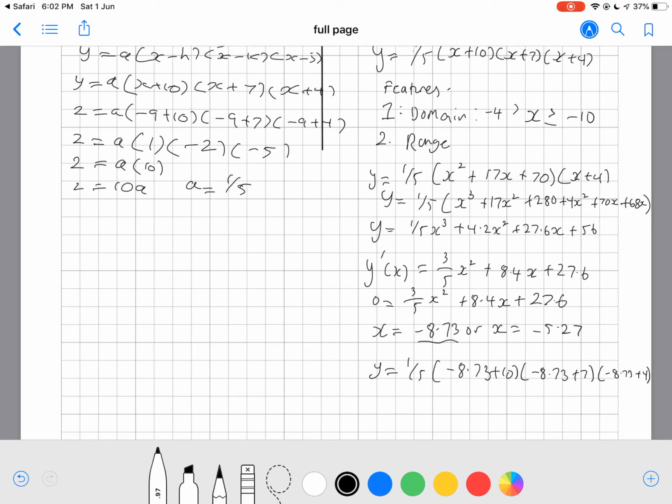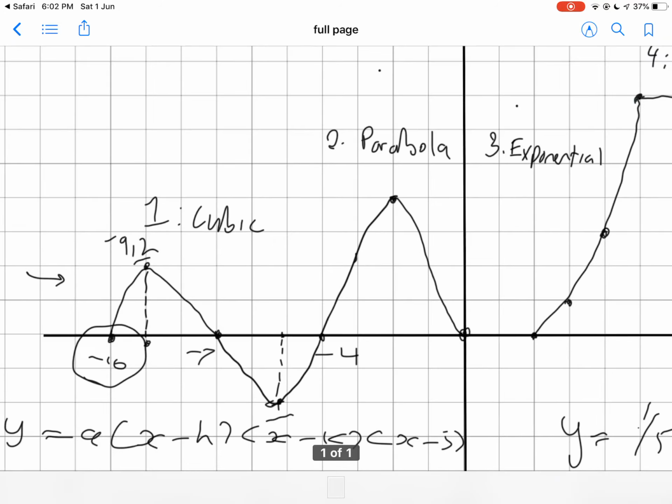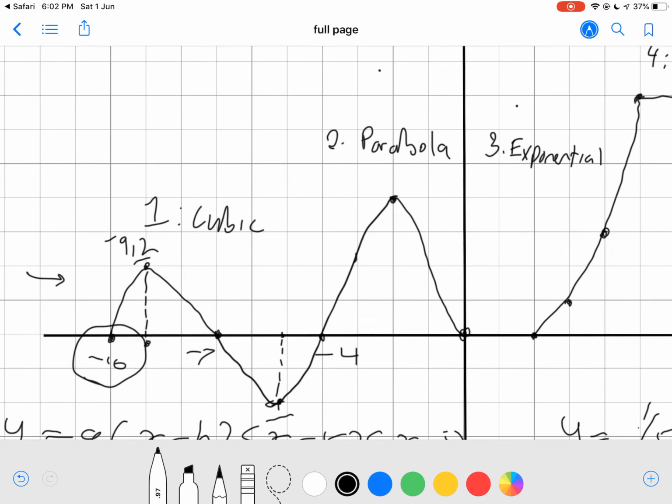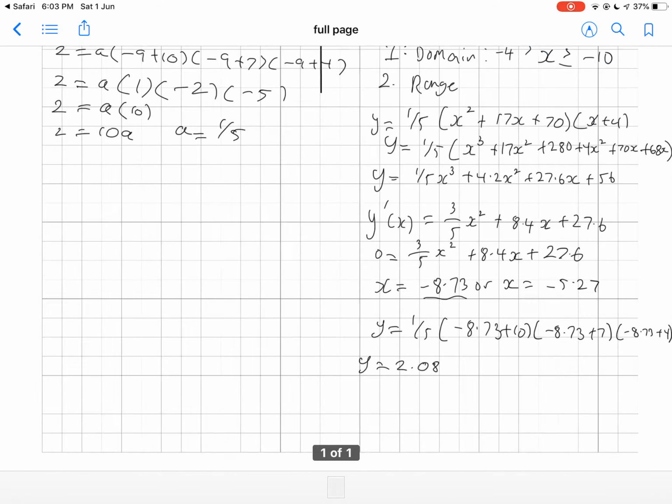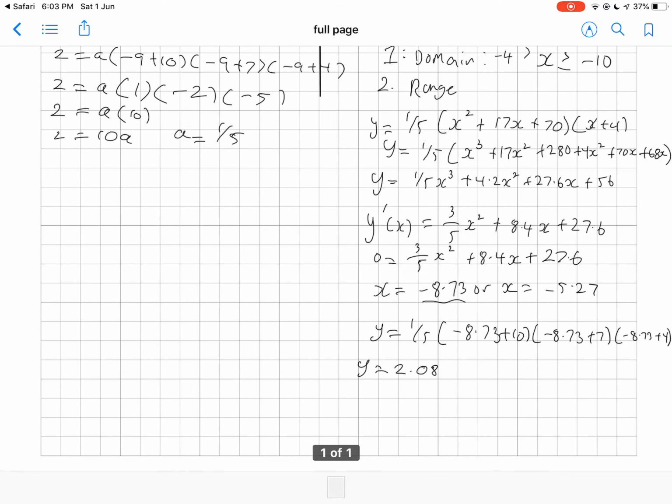Your answer should be positive 2.08, so y equals 2.08. So this point right here is 2.08.